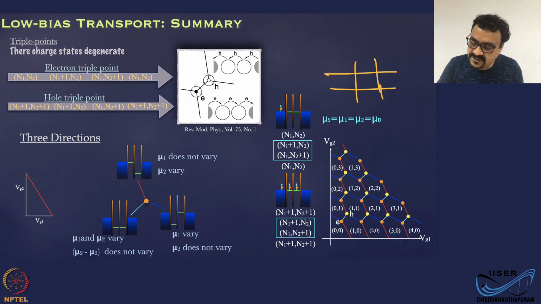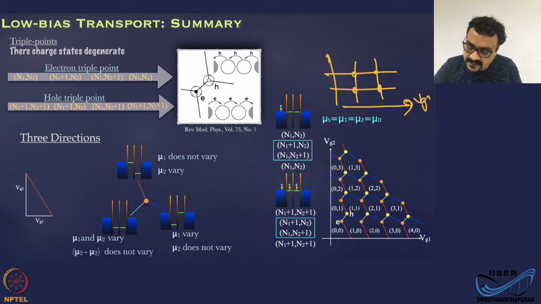Because all these points were arranged like a square or rectangular lattice in the VG1, VG2 axis. But now you have a honeycomb structure. So here you had only two directions, this horizontal direction and this vertical direction.